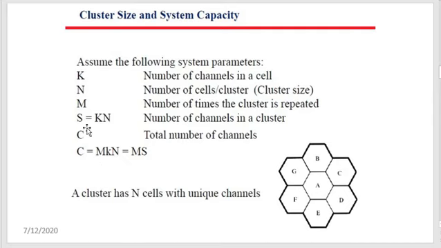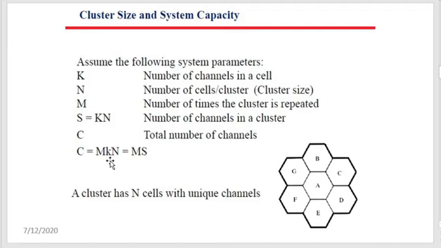Number of channels in a cluster is given by S. C is capacity. So how will you determine capacity? Total number of channels in a cluster multiplied by how many times you have repeated this cluster. Point is clear?